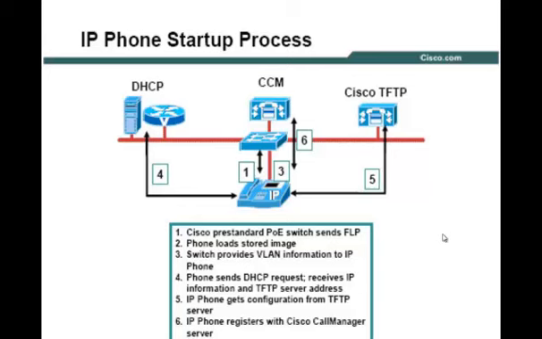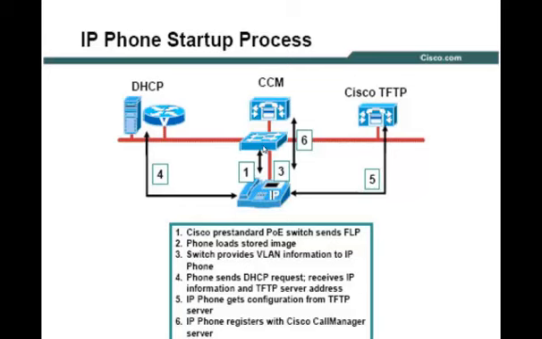To start looking into it, when the IP phone is connected to a switch, which should be a Power over Ethernet switch that can provide power to IP phones, it is provided with power over the Ethernet line, which makes the IP phone boot from its own images.